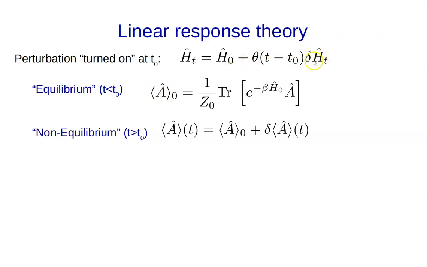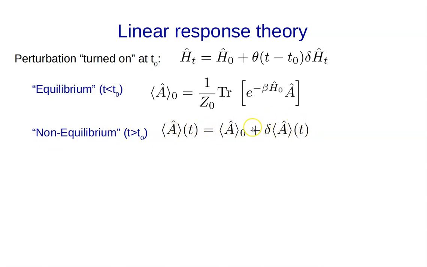So, if this perturbation is small, it's reasonable to suppose that the expected value will not be much different than the one at equilibrium, but there will be this correction, which might be time dependent, and that will give me time dependence to the expected value as well in this what I'm calling non-equilibrium.